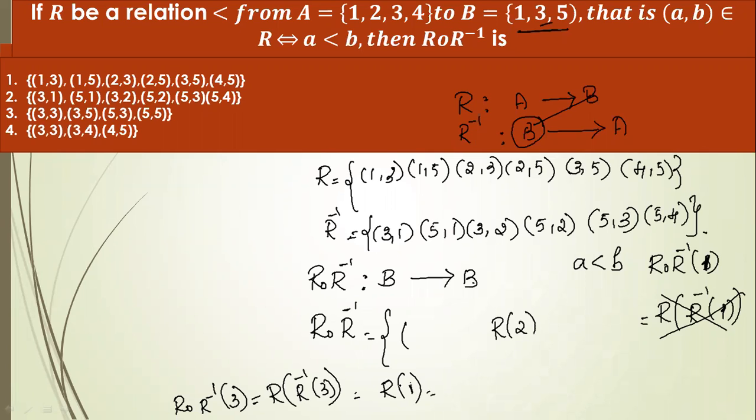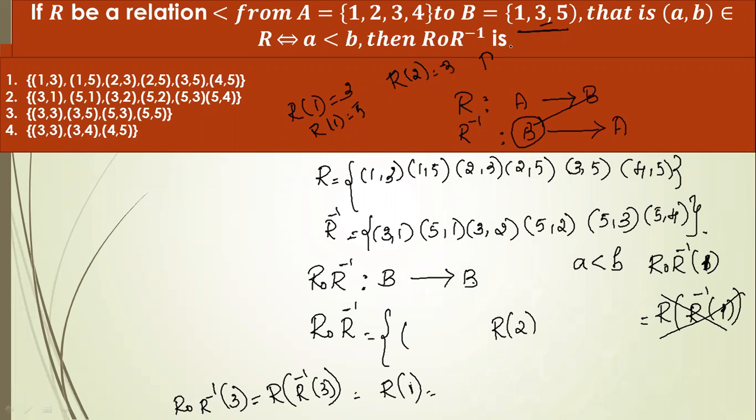So what is the answer of R of 1? See, the elements in R, the ordered pair (1,3) is there, so R of 1 is 3, R of 1 is 5, R of 2 is 3. Okay, this is the meaning.